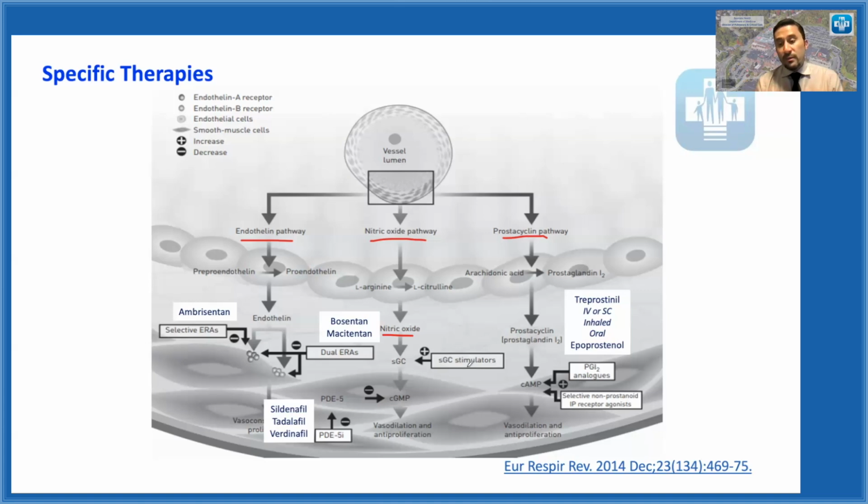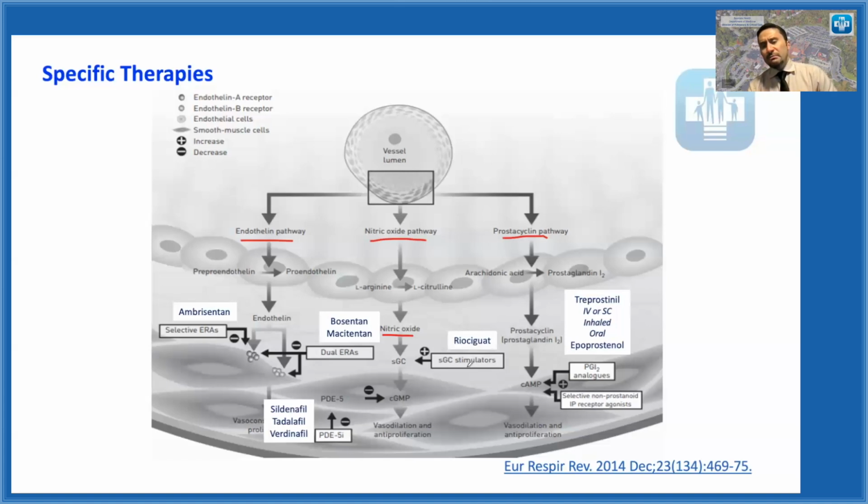And there are oral pills as well. An older prostacyclin is called epoprostenol, and it has two names. You may have heard them, Flolan or Velletri. They are also efficient and effective, but it's an IV medicine. So treprostinil intravenously or Velletri and Flolan, they have to go through a pump all the time.